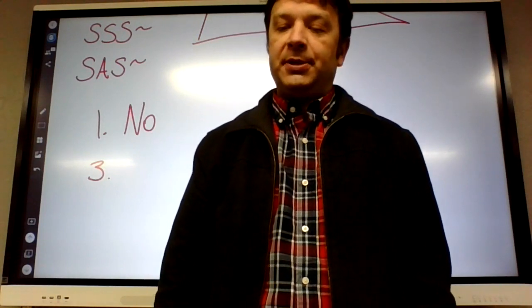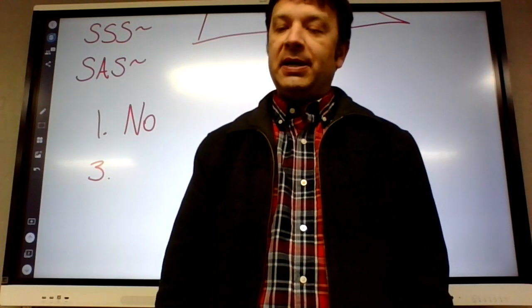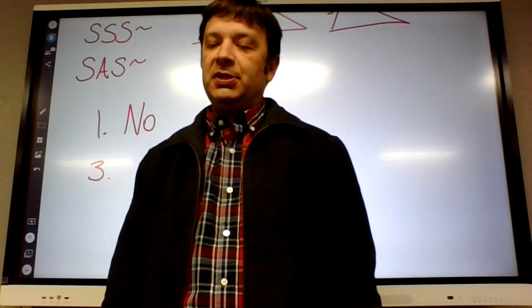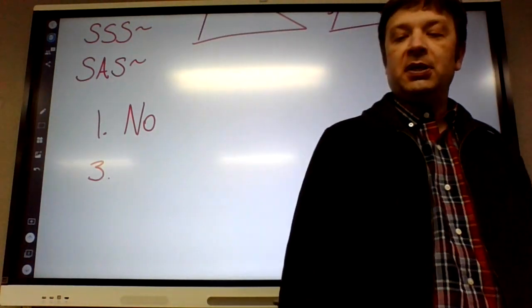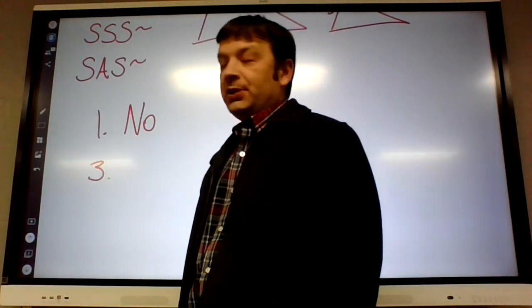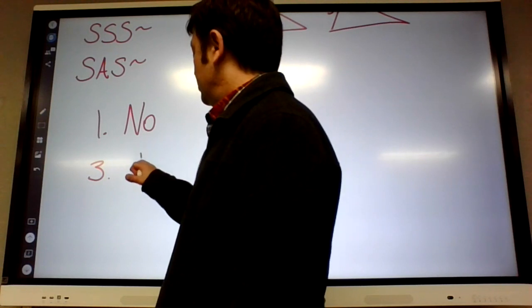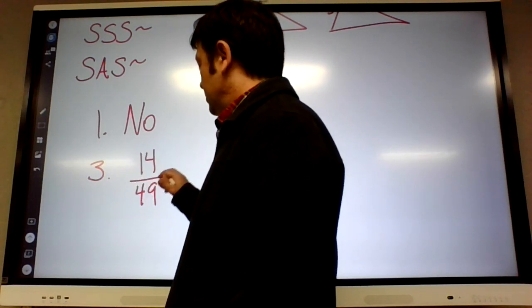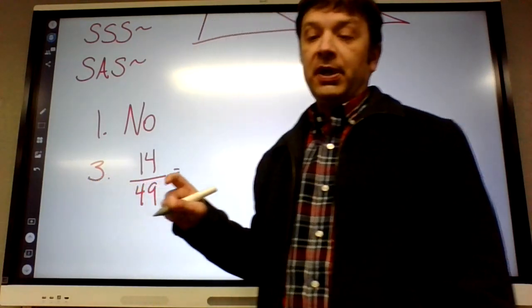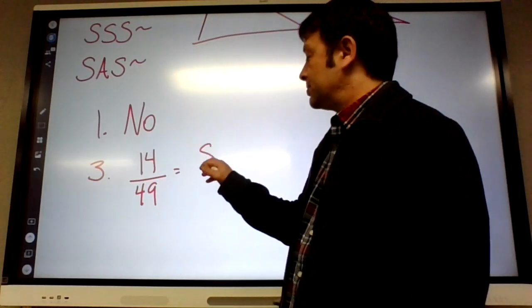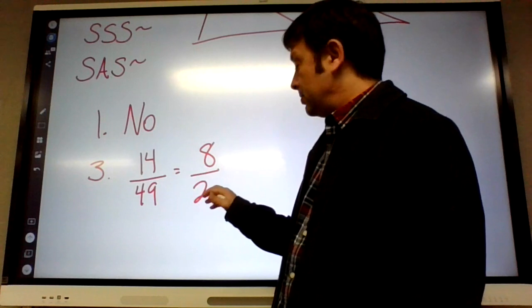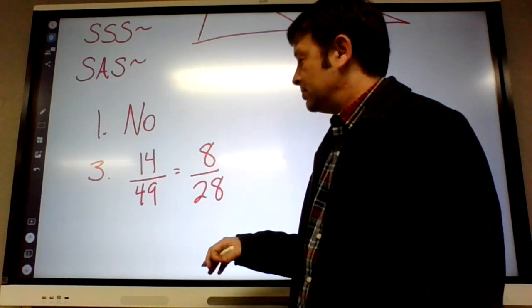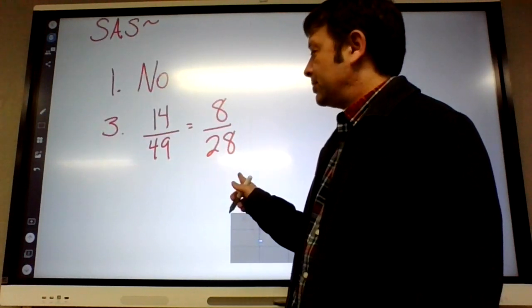Okay, number three. Kind of the same thing, right? We got 14 and 49 and 8 and 28. So 14 would match 49 on the right triangle. That should equal 8 on the left triangle matching 28 on the right triangle. Are those two actually equal or not?